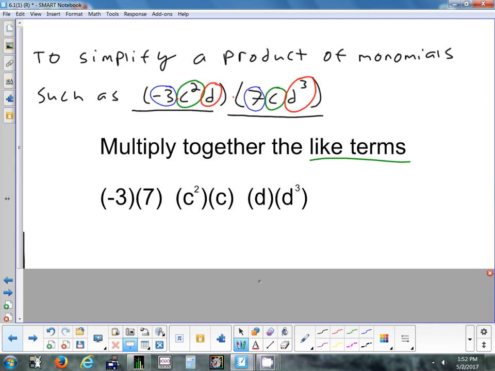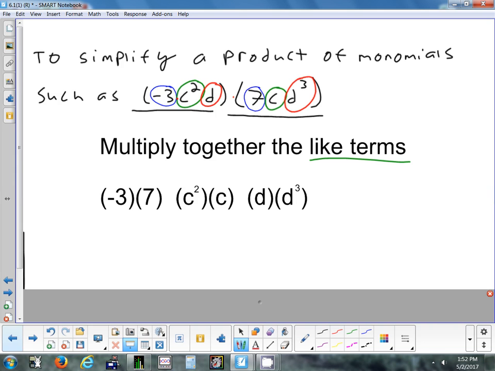One thing that I do, and sometimes when you're doing this stuff, it's hard because it's a whole bunch of information. What we've done up to this point is kind of had everything combined together. When we're doing this, the whole numbers, the -3 and the 7, they're separate. Sometimes what I do is I draw lines to separate each thing. The different variables with the exponents are also separate.